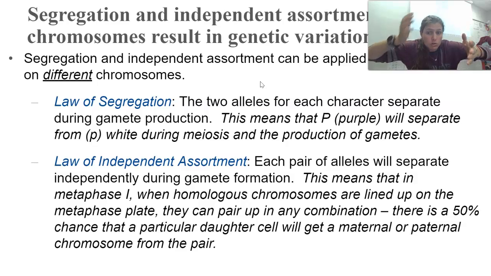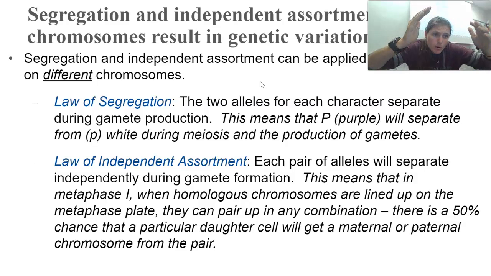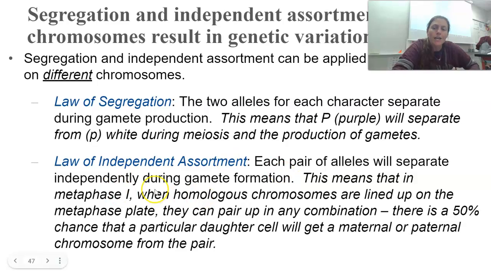But also, you can do this to genes that are on the same chromosome if you have crossing over. So we don't apply independent assortment to crossing over because there's a lot of different genes and they all independently assort from one another on different chromosomes. But crossing over is another way that we can continuously incorporate more genetic diversity by mixing traits within a single chromosome.